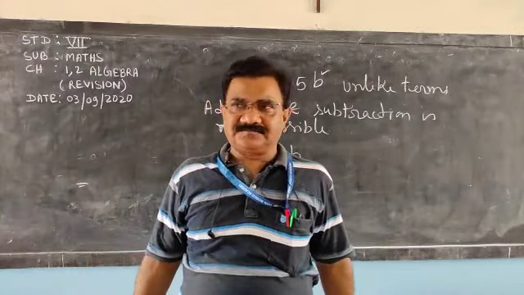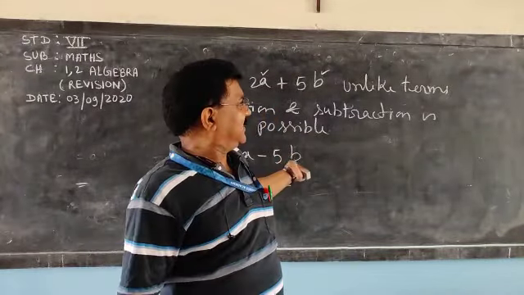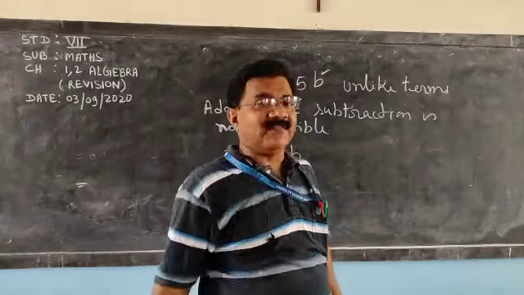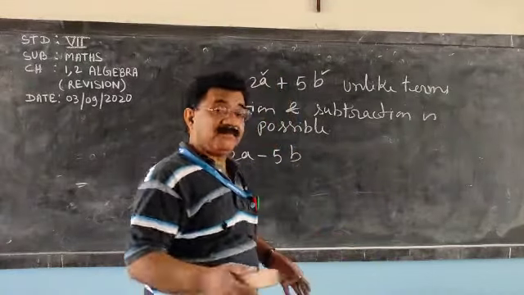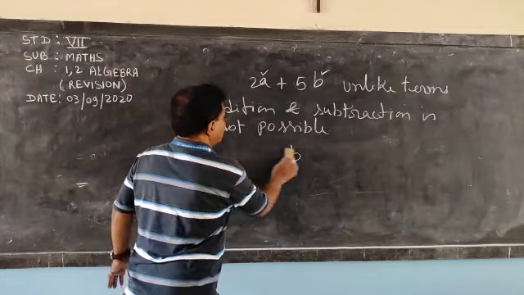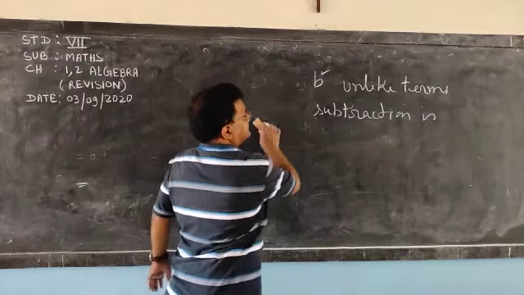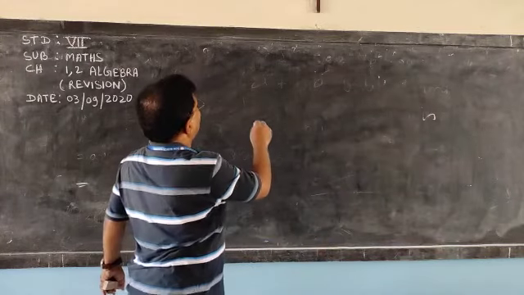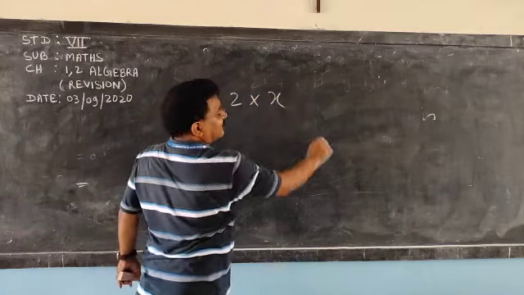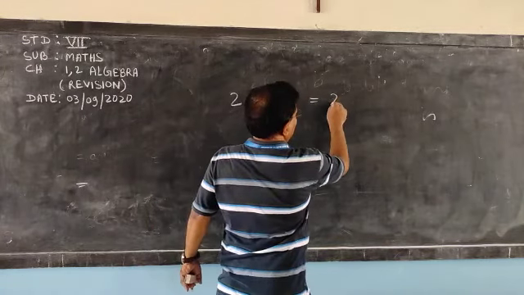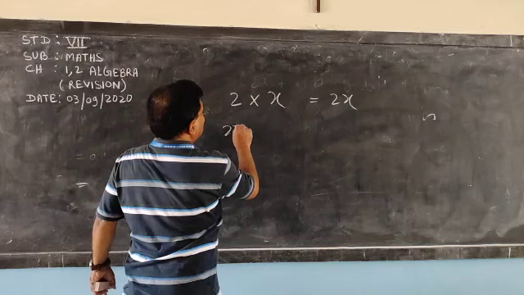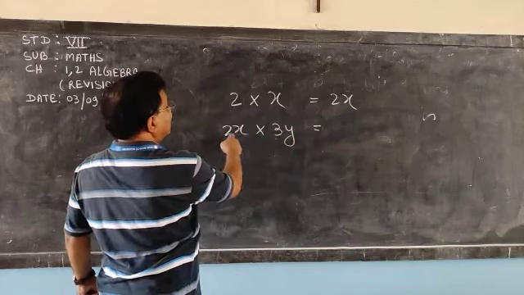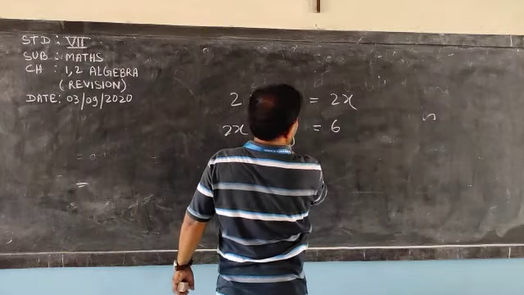Okay, so that part is clear, that addition and subtraction is possible only between like terms, but multiplication is possible. If I am asking to multiply 2 into x, what will be the result? 2x. Or 2x into 3y. Multiply the numbers: 3 twos are 6, and xy.